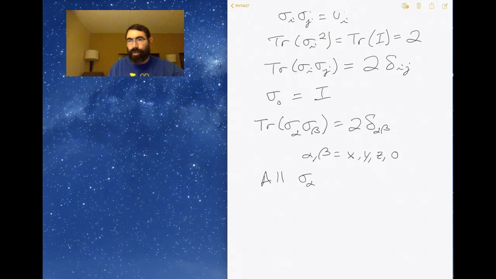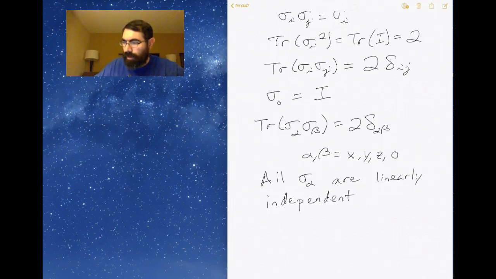So over the 4 indices, all of these are linearly independent of each other. That means that I can't make any of them out of the others.